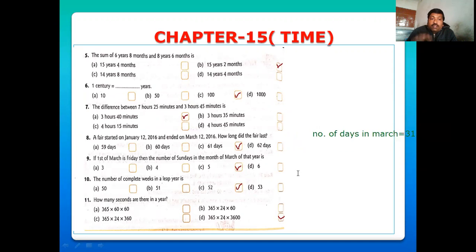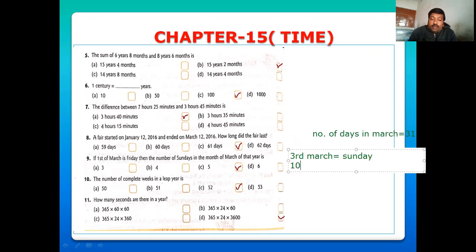And now the first day of March is Friday. That means 2nd March is Saturday, and 3rd March is Sunday.